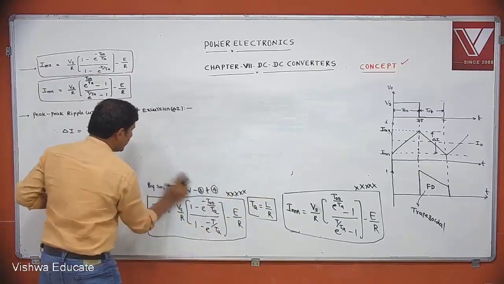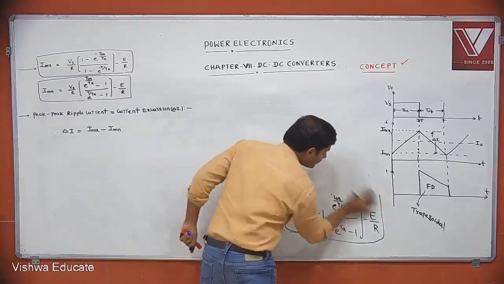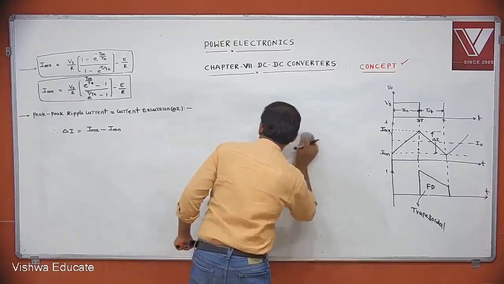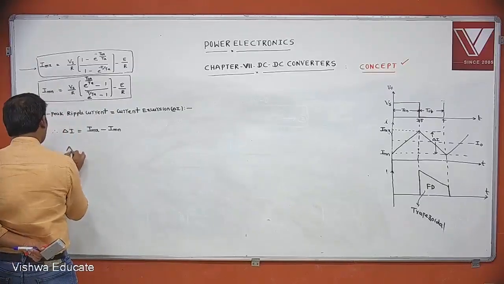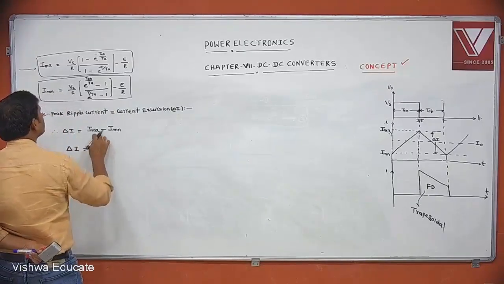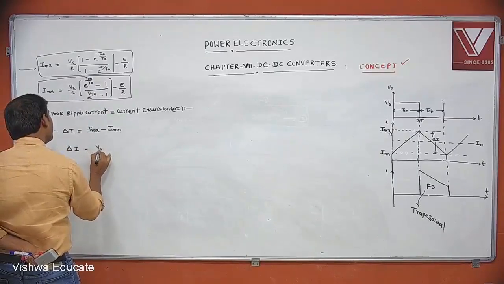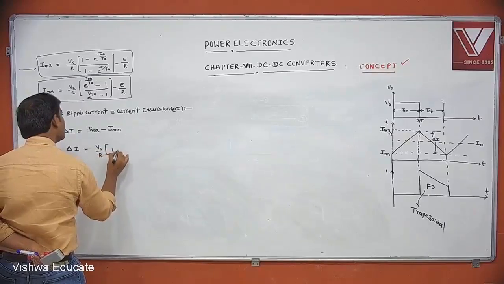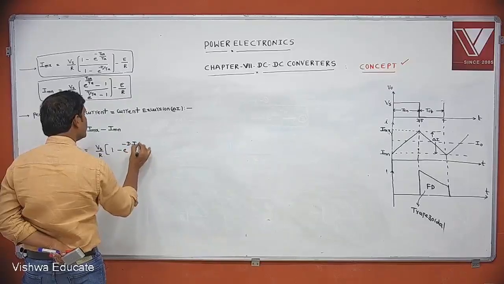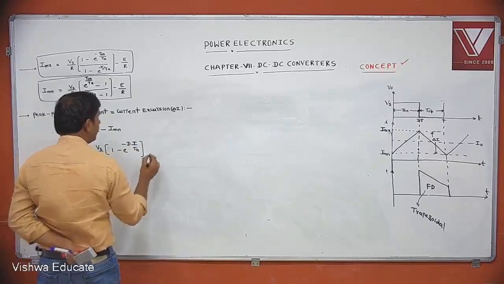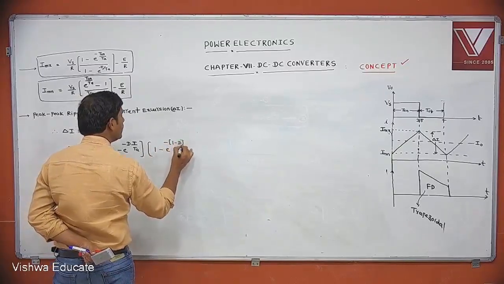By substituting the maximum and minimum values of current, and simplifying, the final expression is delta I equal to Vs by R into 1 minus e power minus d into T by TA, into 1 minus e power minus 1 minus d into T by TA.